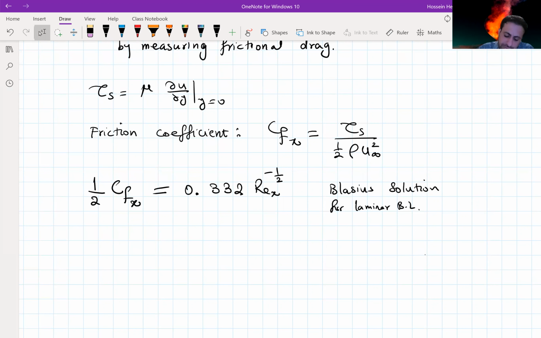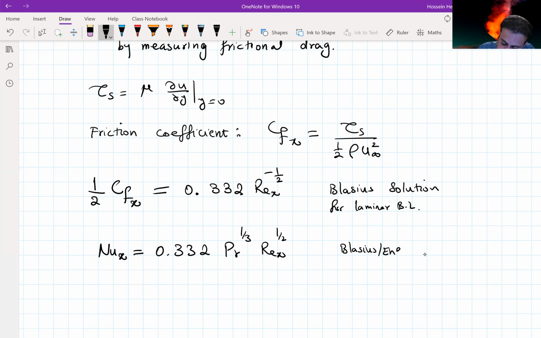And what we will see in the upcoming lecture, we are going to have a similar expression for the Nusselt number, which will be 0.332 Prandtl to the power of 1/3 Reynolds of x to the power of half, and that's the solution for the energy equation.